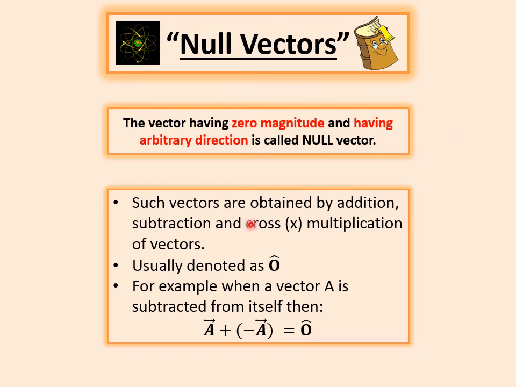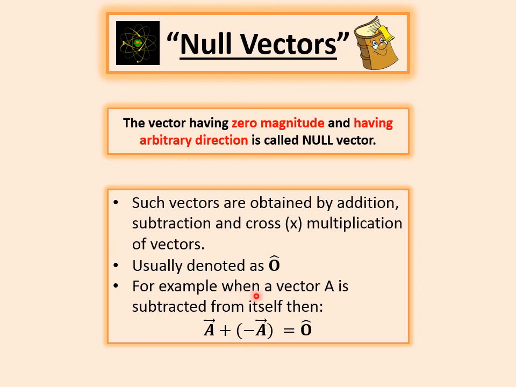Now we have simple points here for null vector. Such vectors are obtained by the addition, subtraction and cross multiplication of the vectors, ठीक है. ज्यादातर हम इनको O कैप से रिप्रेजेंट करते हैं, ठीक है.